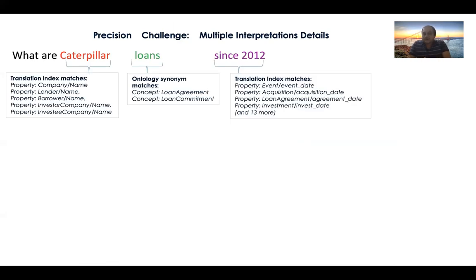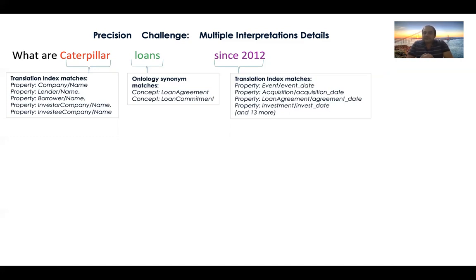In this example query, if you enumerate what the individual tokens might possibly mean in the context of the ontology, Caterpillar has 5 possible meanings, in the sense that Caterpillar has appeared in the database as company name, as lender name, as borrower name, investor company name, investee company name, and so on. Similarly, since 2012 is just a date mentioned, but there are 18 date properties in the ontology. So it can be any of those.